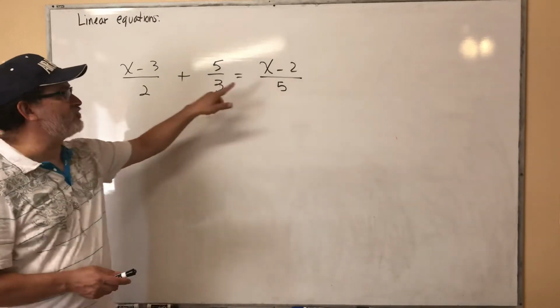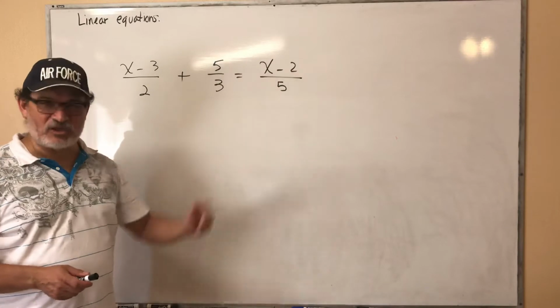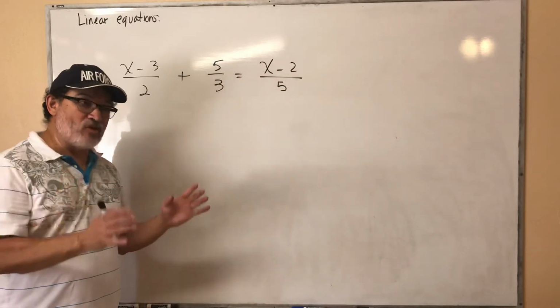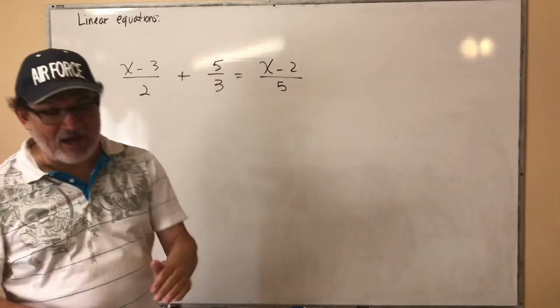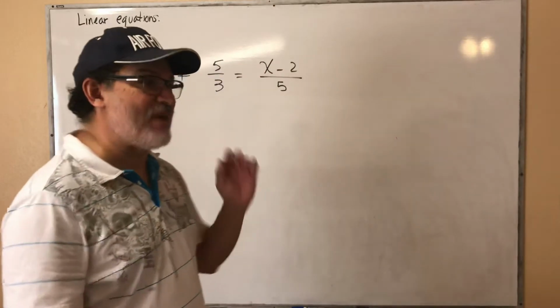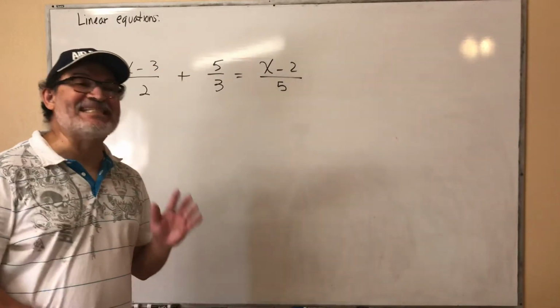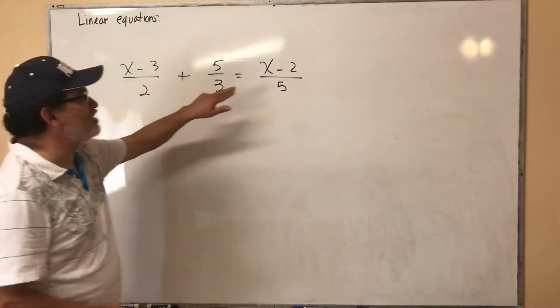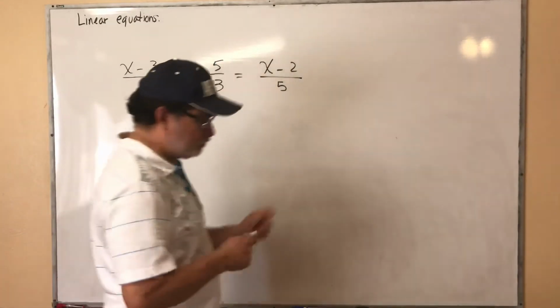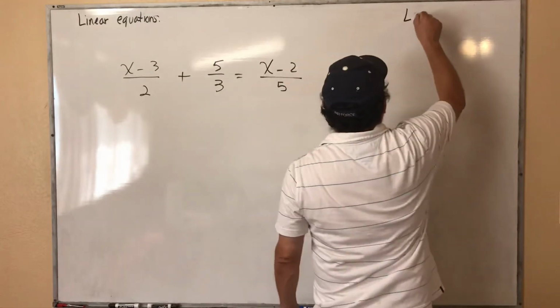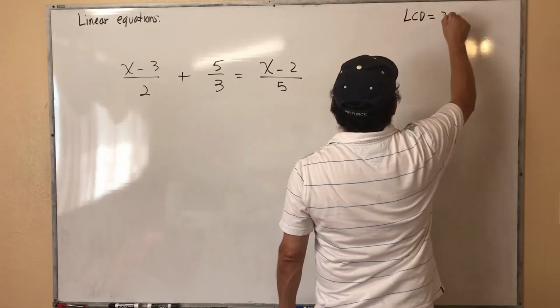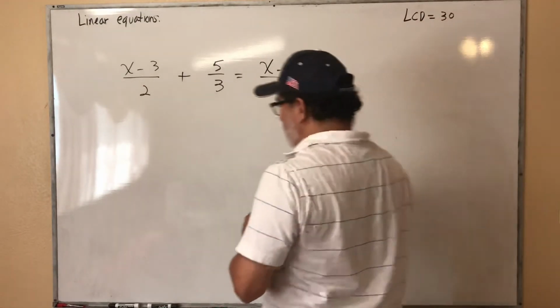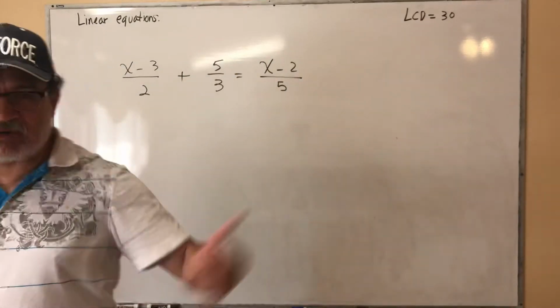The LCD is the product of the prime factors involved in the denominator. LCD equals 30. That's the first thing, find the LCD.